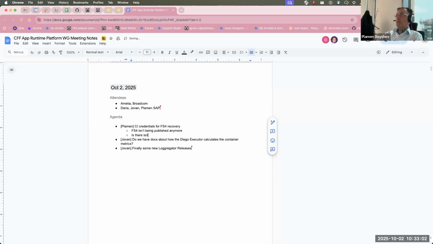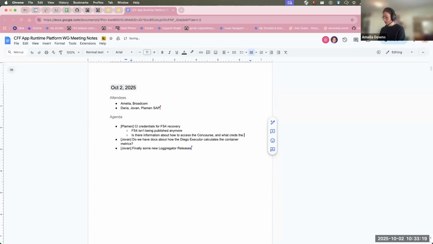Yeah, we have two options. To recreate the existing Concourse pipeline, but we need credentials for it. Or the other option is to use GitHub Actions.